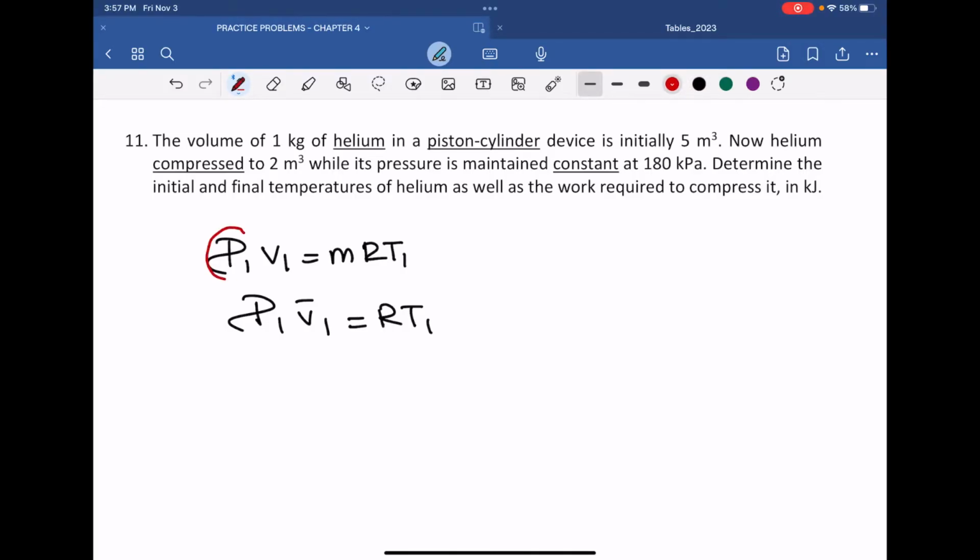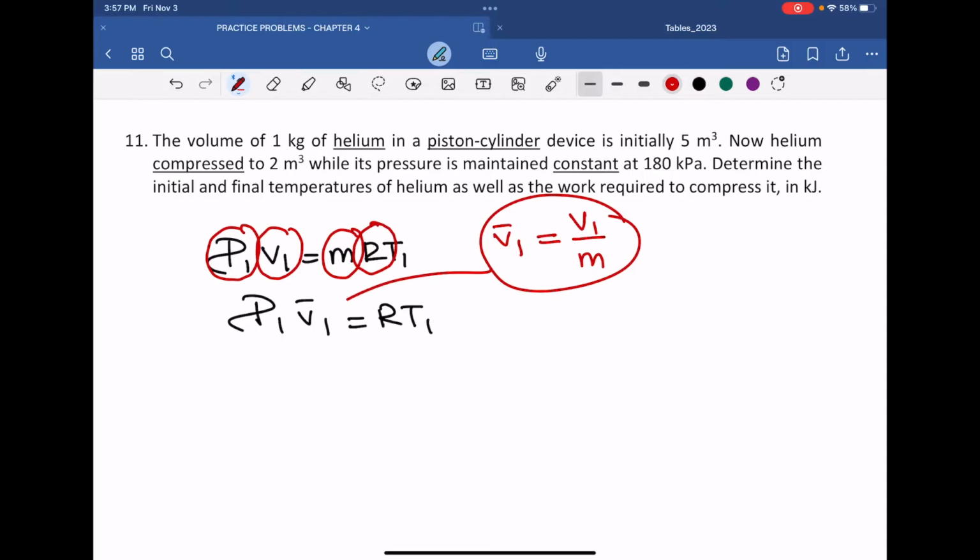For example, in this case, you know pressure is 180, and then volume is 5, mass is 1, R from table A1 you can check, and from here you can actually calculate T1 if you want to. And yes, because specific volume 1 is V1 over M, that's the same thing when we plug in here, so it doesn't change anything. But it seems like we are given everything we need to calculate the temperature. So let's solve it for temperature.